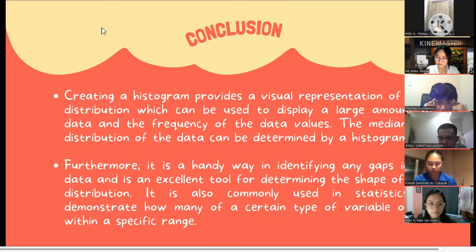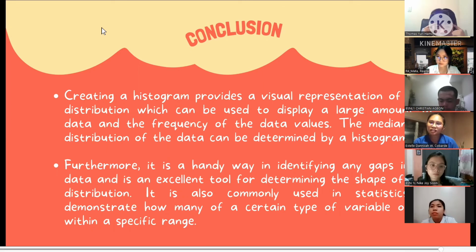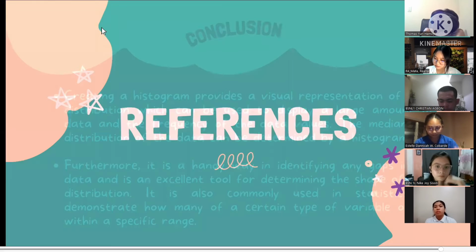As for the histogram types, we have uniform, bimodal, symmetric, and probability histograms. Furthermore, a histogram is a handy way of identifying any gaps in the data, and it is an excellent tool for determining the shape of your distribution. It is also commonly used in statistics to demonstrate how many of a certain type of variable occur within a specific range.